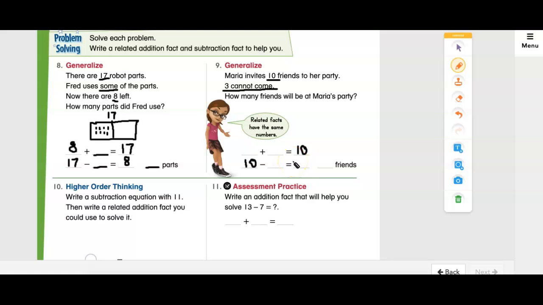Now your missing part will be the same number in your subtraction problem, in your addition problem, and also your number of friends that will be at your party. So we have our whole so far. Use your part to fill in the equation and then find the missing part.